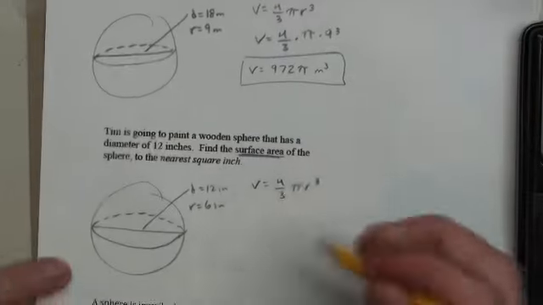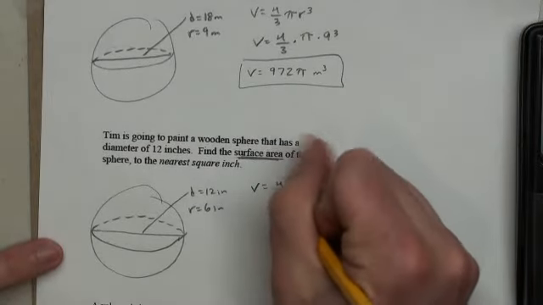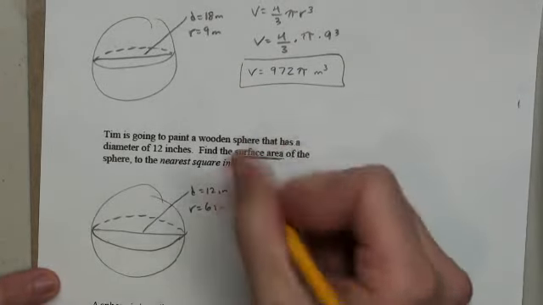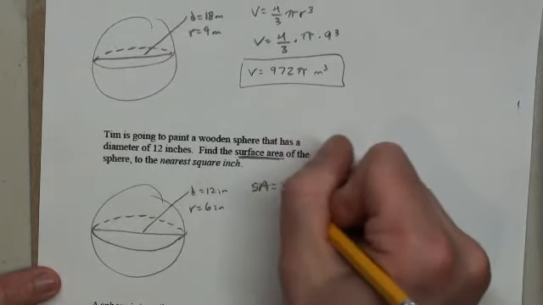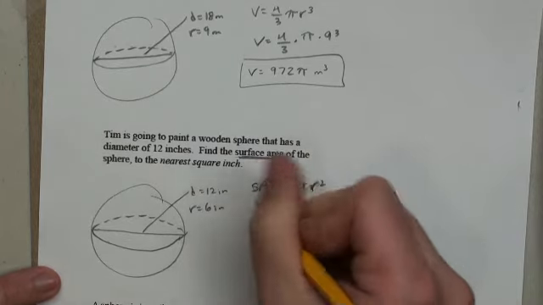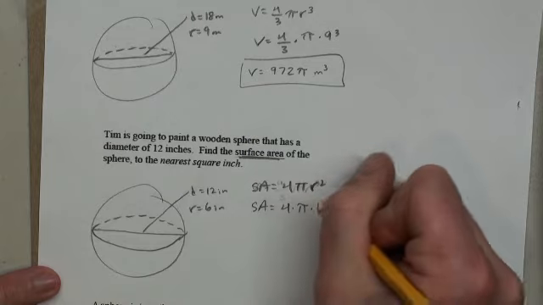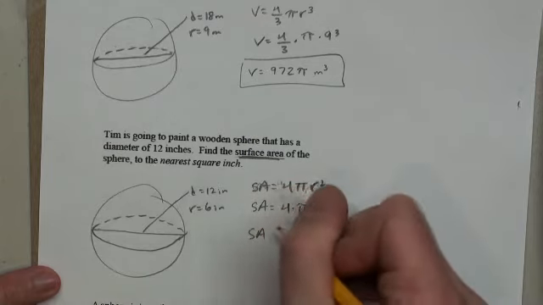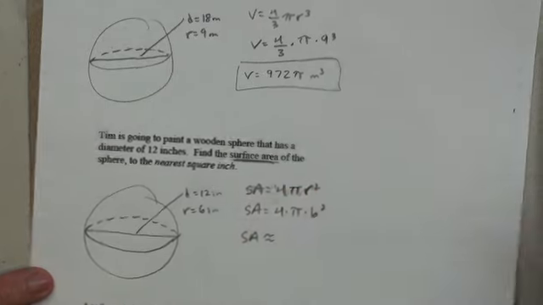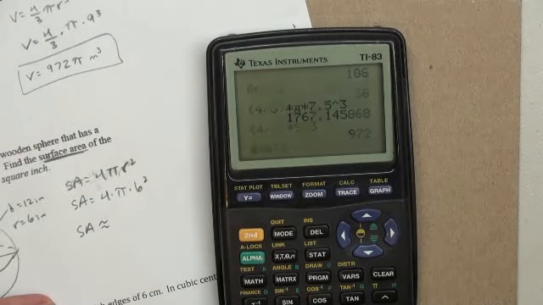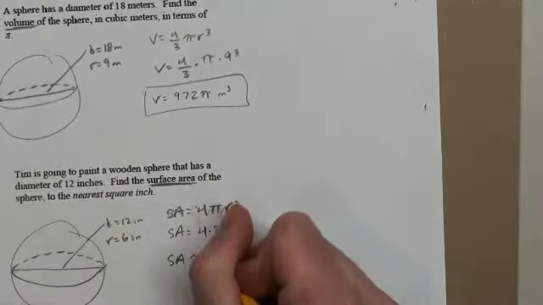Alright, good. So it's 4 pi r squared. So you got to be careful with that. Surface area equals 4 times pi times 6 squared, and they want it to the nearest square inch. So 4 times 6 squared, 144 pi.